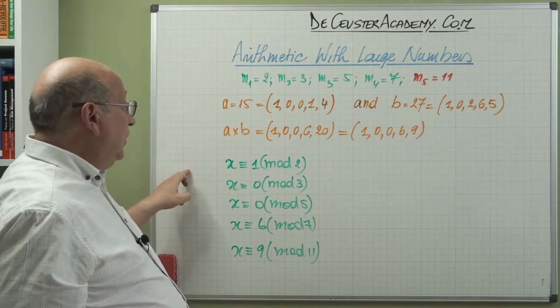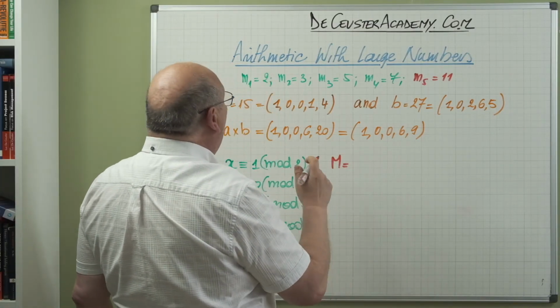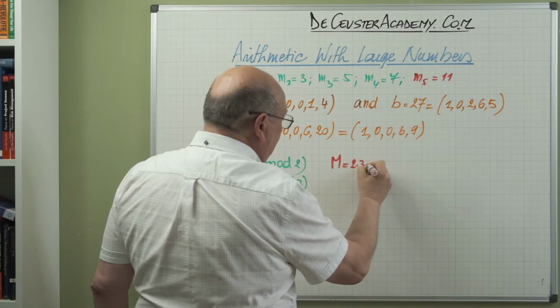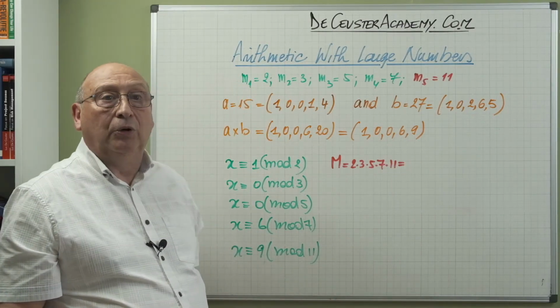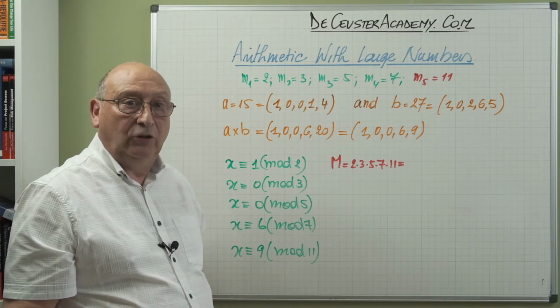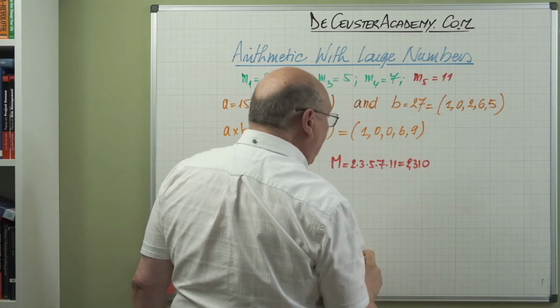And what I have to do now is calculate m. M is now 2 times 3 times 5 times 7 times 11, which is equal to 2310.